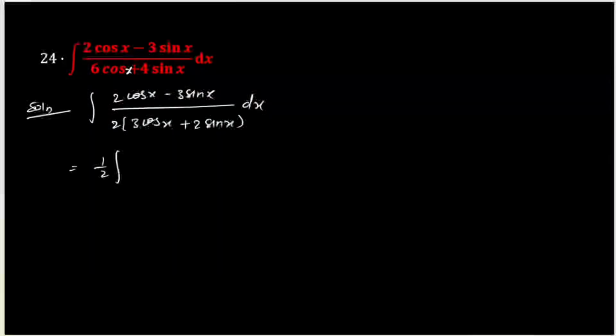And it becomes 1 by 2 integration of 2 cos x minus 3 sin x by 3 cos x plus 2 sin x into dx.